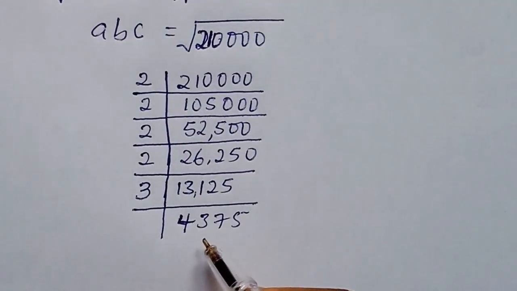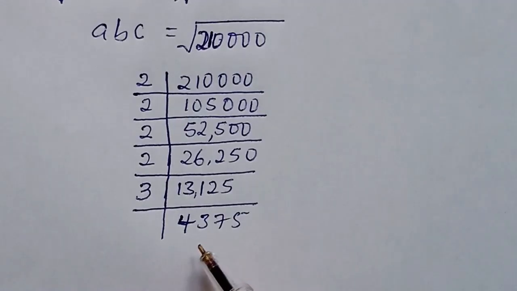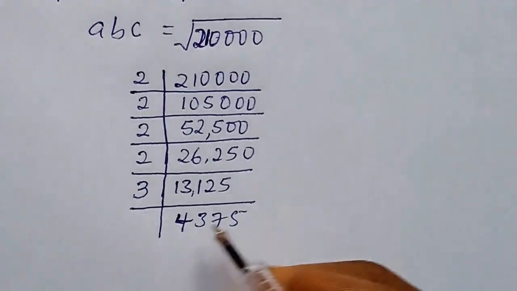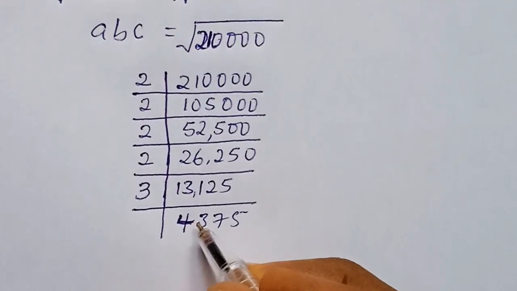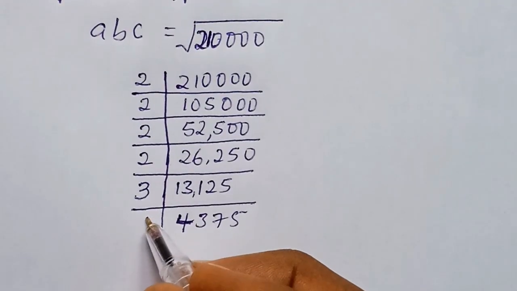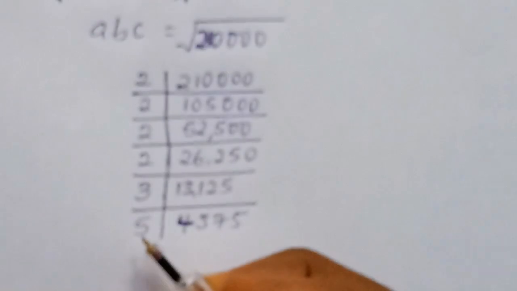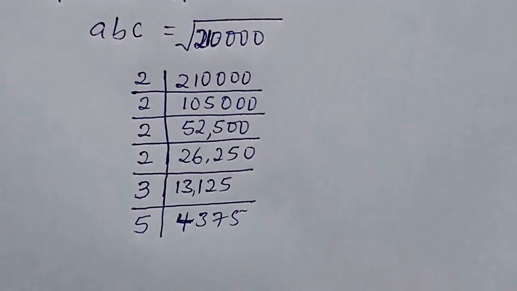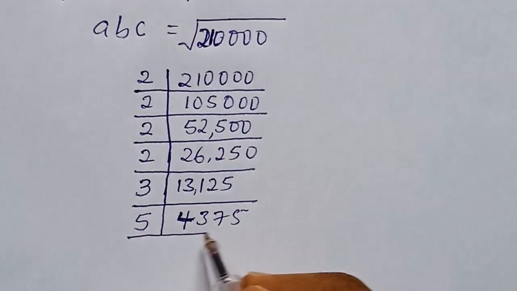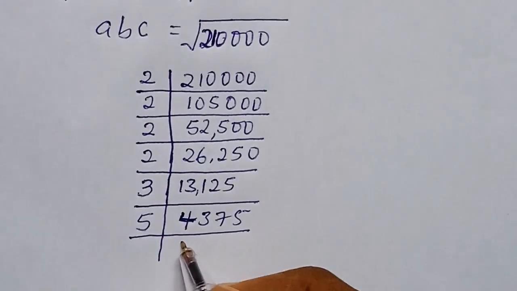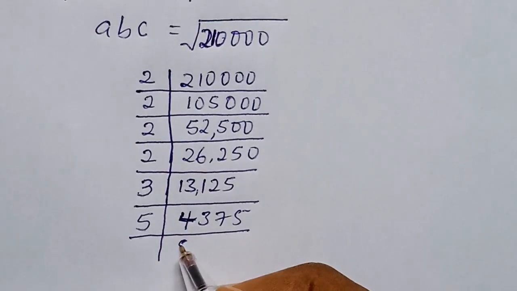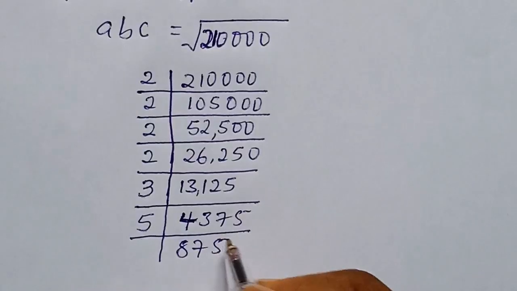For this value, if I try to divide by 3 again, it will not be possible. So I consider the next factor, which is 5. I divide it by 5. So I will have 875.